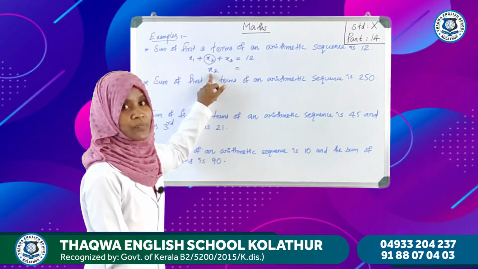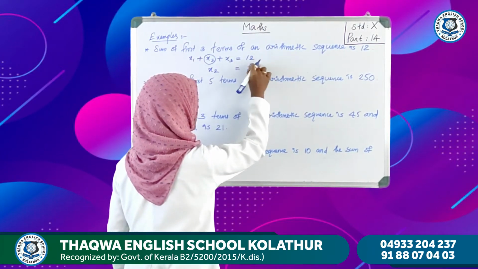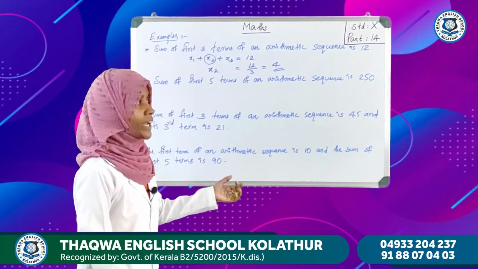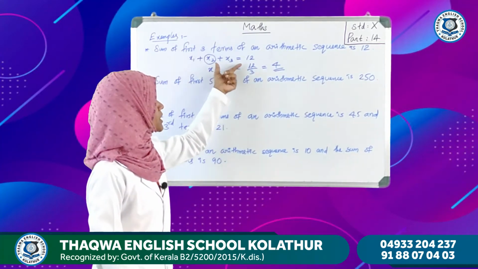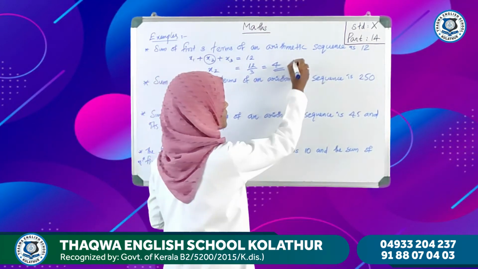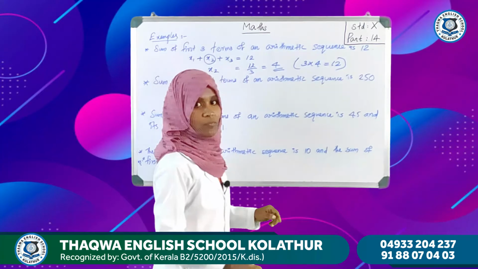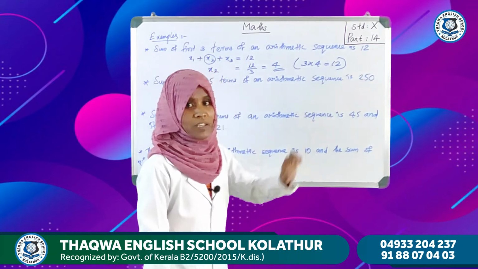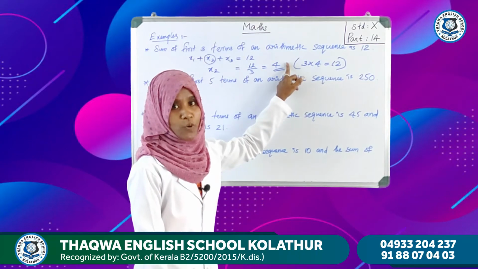This is 12 by 3, that is 4. We discussed that the sum of any 3 consecutive terms of an arithmetic sequence is 3 times the middle number. So we can write 3 into 4 is 12. So the second term of the sequence is 12 by 3, that is 4.